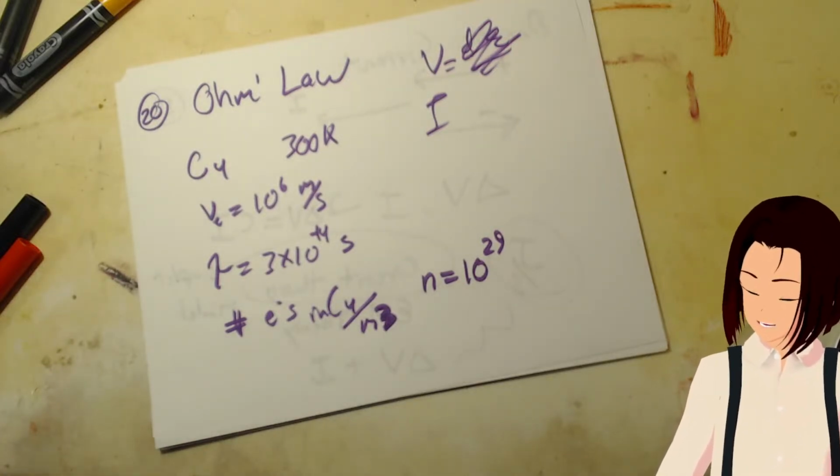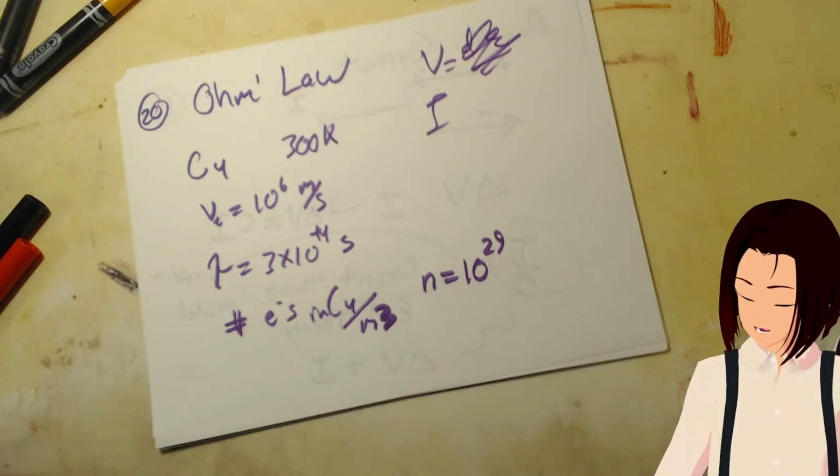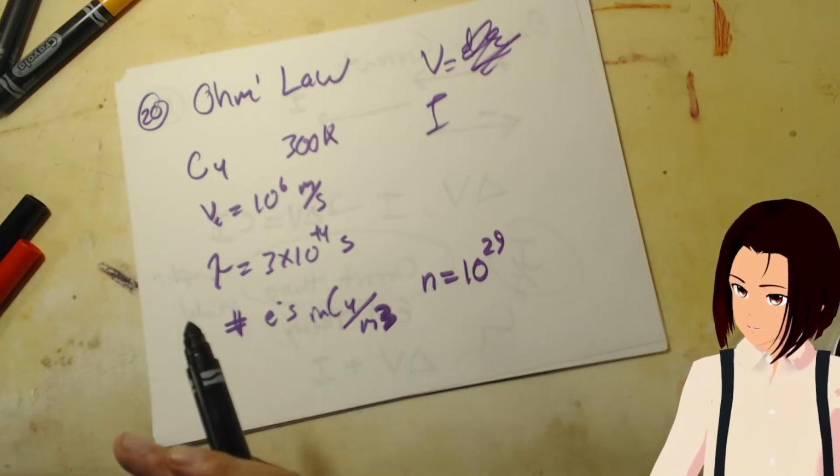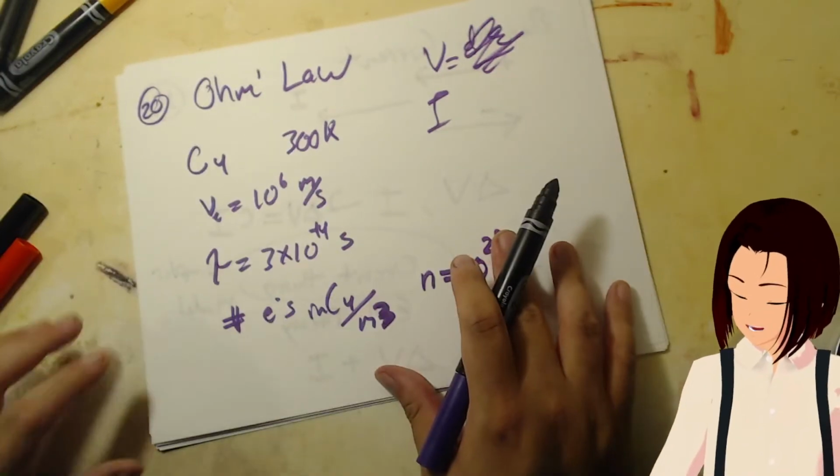So let's say we apply a potential difference over the copper wire. We know electric field is force divided by charge, newtons per coulomb. You remember that, I keep hammering it into you.